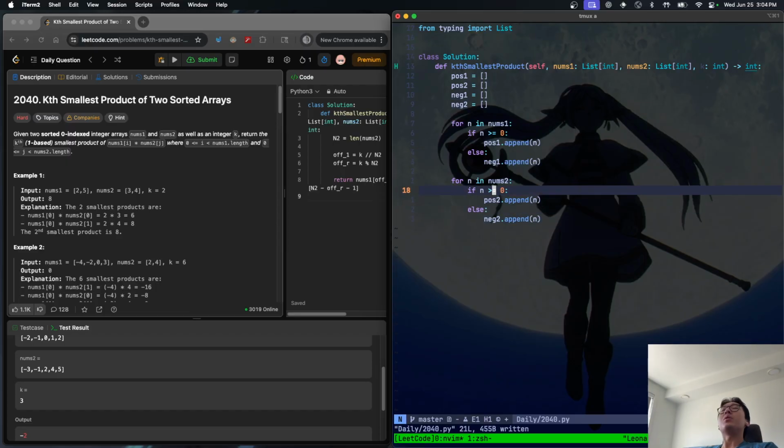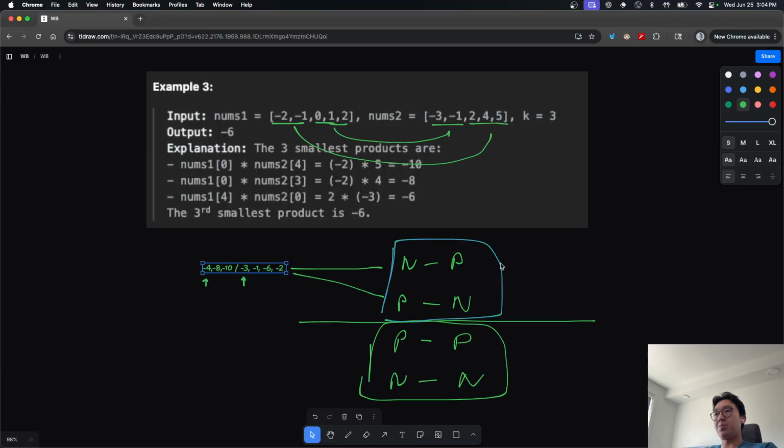Now we need to check which subproblem group our answer is in, right? Is it here or is it in here?